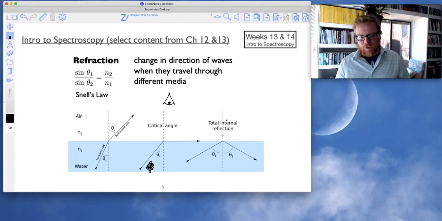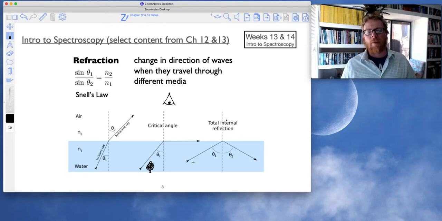And similarly, the total internal reflection would give us a similar effect. And what's really special about the total internal reflection is our angle of incidence matches our angle of reflection.